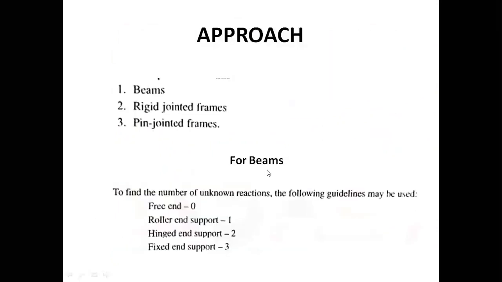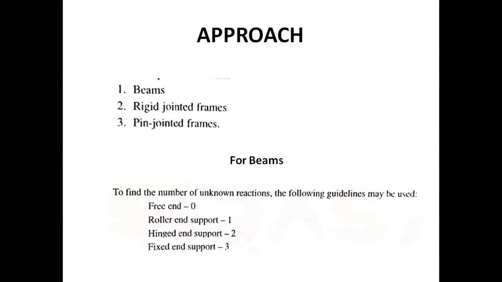We'll now quickly jump to approach. Basically, approach is a bit different in case of beams, rigid frames, and pin jointed frames. Because in case of beam, usually axial deformation is neglected, whereas in case of a pin jointed frame, it is not neglected because joints are not fixed.